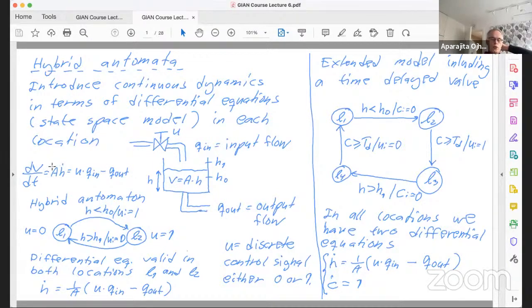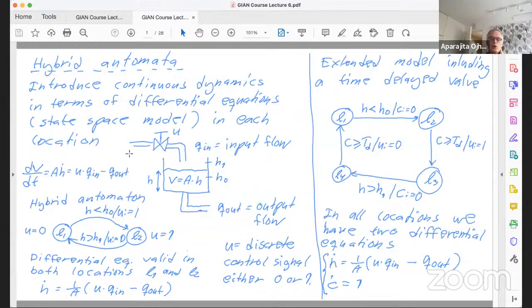And what is the model for a tank? Well, if you have this type of simple tank with a constant area A, then the volume is the area multiplied by the height, H. And then if you take the derivative of the volume, since the area is constant, you get A multiplied by the time derivative of H, and that is equal to the difference between the input flow and the output flow.